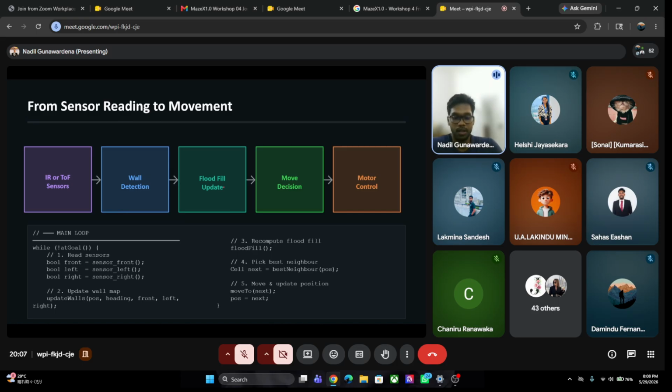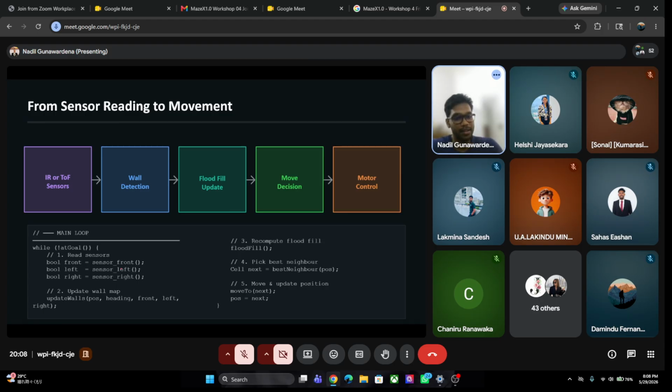If you need to turn right, go straight, or move left, you can get the move indication, and that decision is communicated to the motor control. That's the main flow.